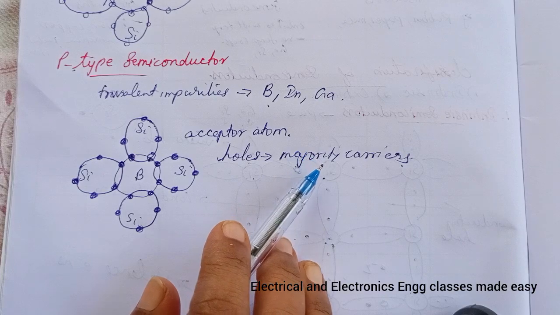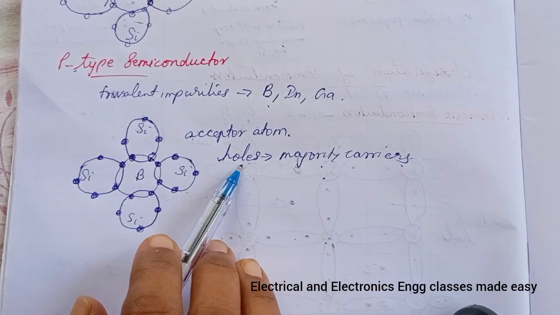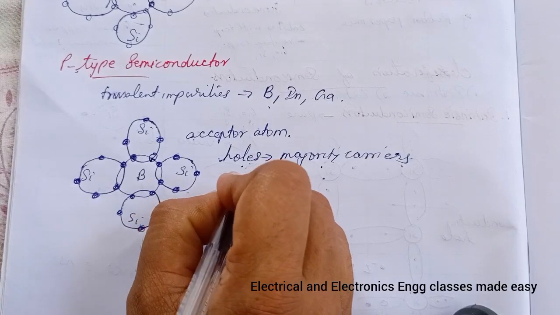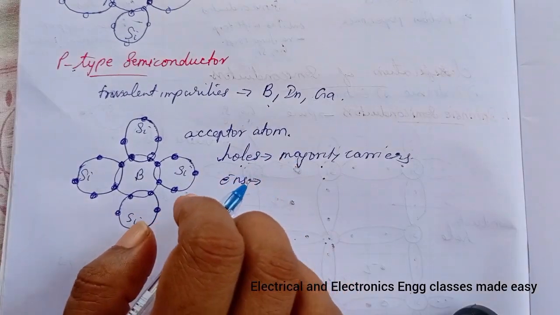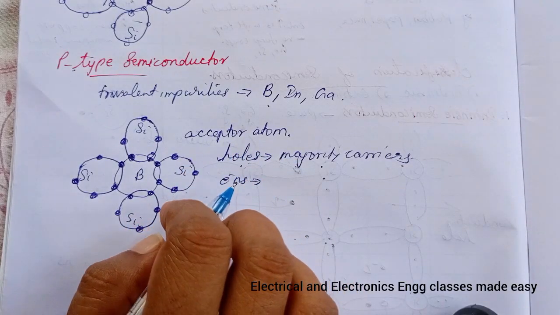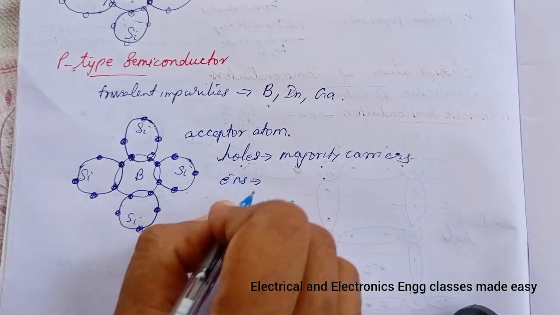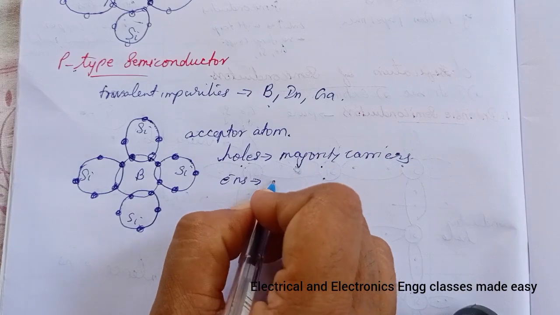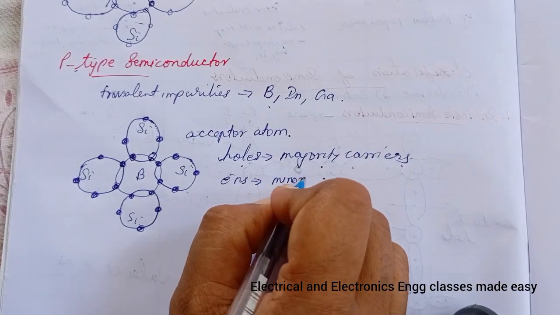Although the majority current carriers are holes, there are also a few electrons that are created when electron hole pairs are thermally generated, and these free electrons are called minority carriers.